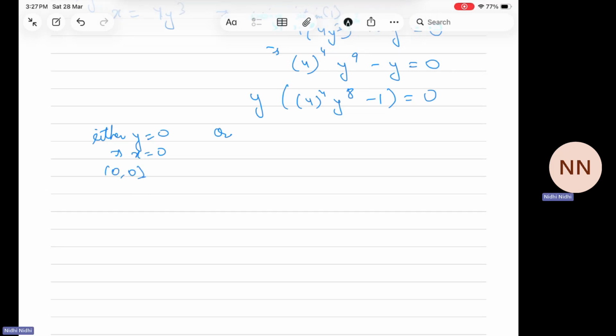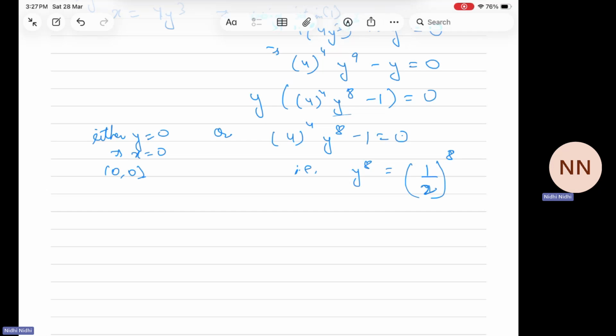So the origin is a critical point. If you want to look for other critical points also, we'll solve the rest: 4 to the power 4, y to the power 8 minus 1 equals 0. That means y to the power 8 is equal to 1 upon 4 to the power 4, in fact 1 upon 2 to the power 8.